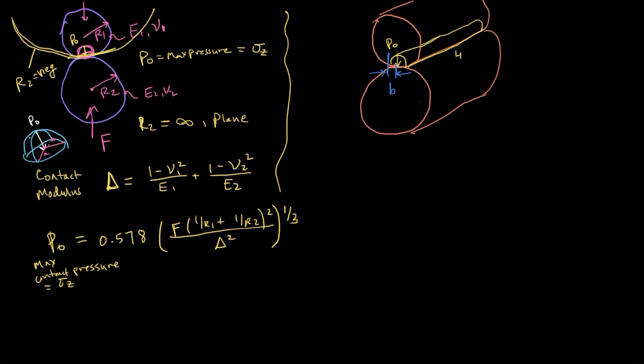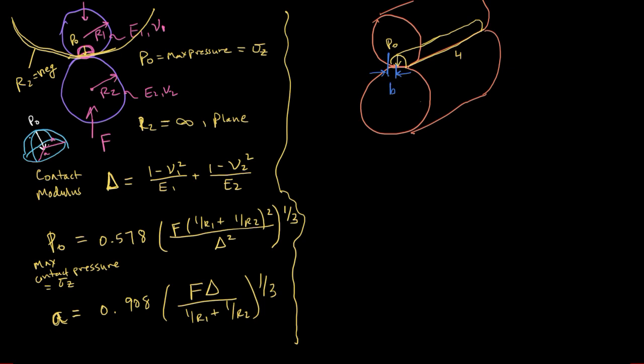And so we can calculate the contact max pressure using the contact modulus, and also using the contact modulus we can calculate that parameter A, which is the contact radius, and that is 0.908 times F times delta over 1 over R1 plus 1 over R2, and that's also to the 1/3 power, or cube root.